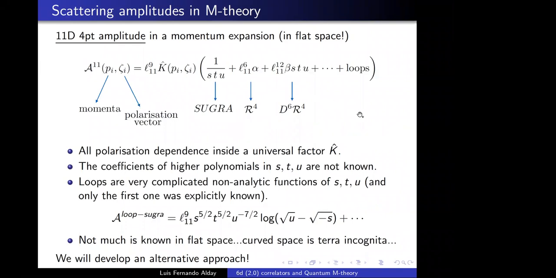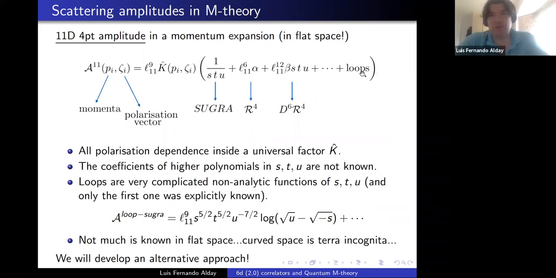One more question. Yes. These loop pieces, a priori, do we know anything about their analytic structure? For example, the term that you wrote, these powers and the logs, were they to be expected in some way? Yes, actually. I am not writing the full answer. I have the full answer, but it was a bit too complicated.